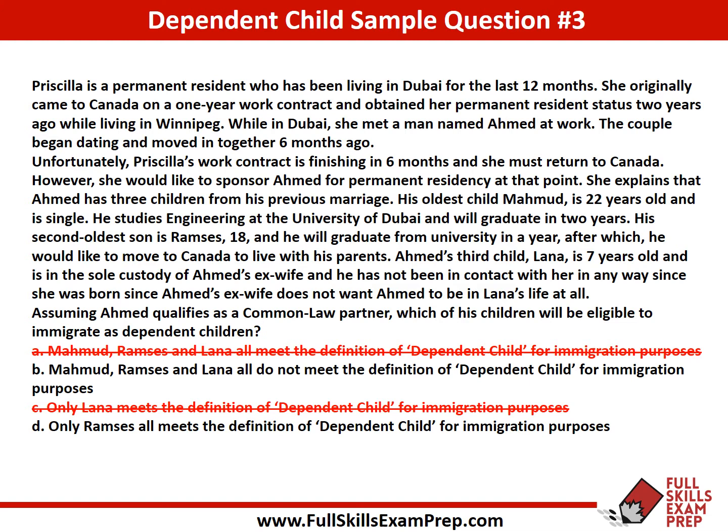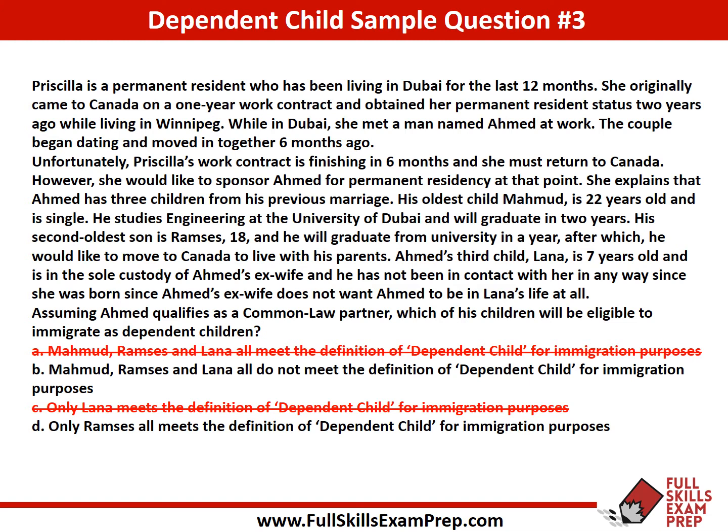All right, and by understanding that Lana will not meet the definition of dependent child, we know that A is also incorrect, because Lana doesn't meet the definition, even though maybe Mahmoud and maybe Ramses do.